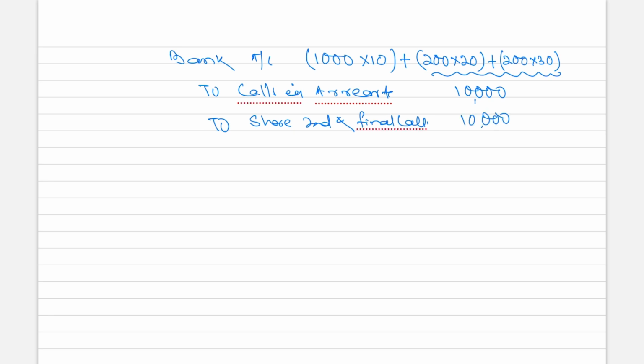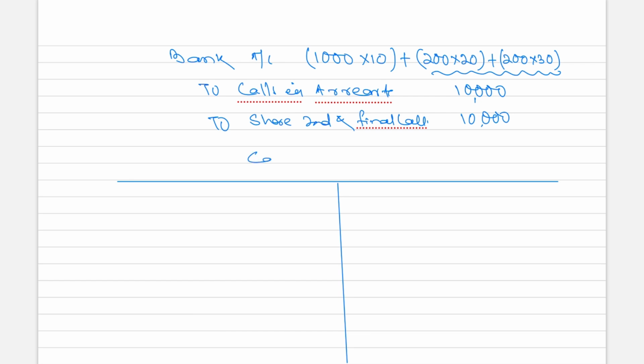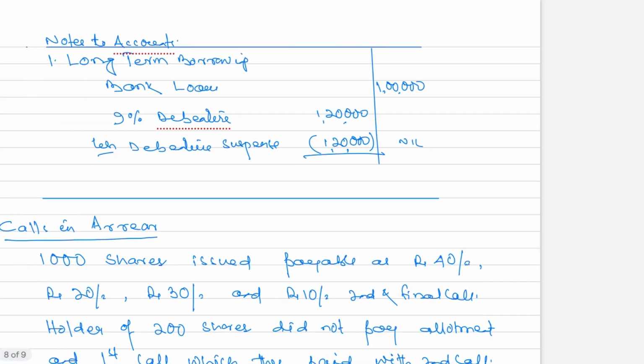Now you may be asked to prepare the calls in arrear account. Draw the format in a proper way. This is the calls in arrear account. I have not drawn the amount column.